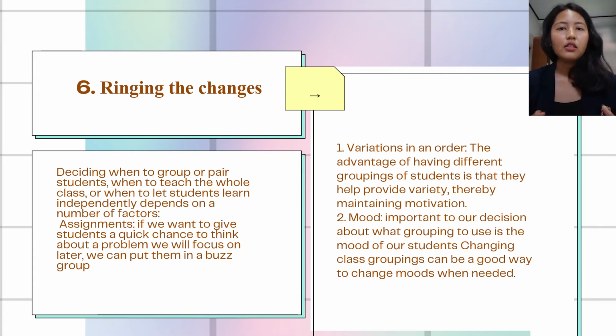And variety in a sequence: a lot depends on how the activity fits into the lesson sequence we have been following and are likely to follow next.